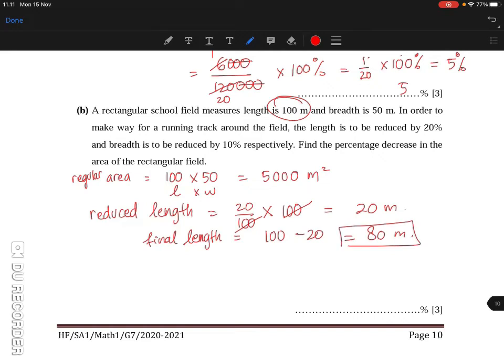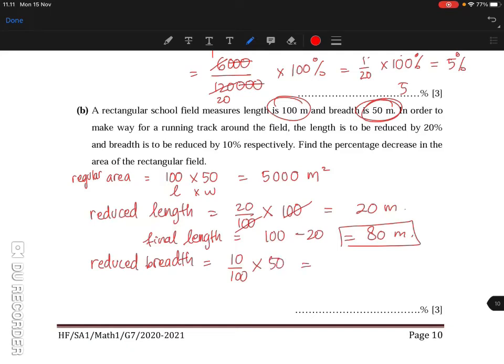And now you need to find the reduced width or breadth. 10%. So you will have 10 over 100, multiply it with your breadth here. The original one is 50.